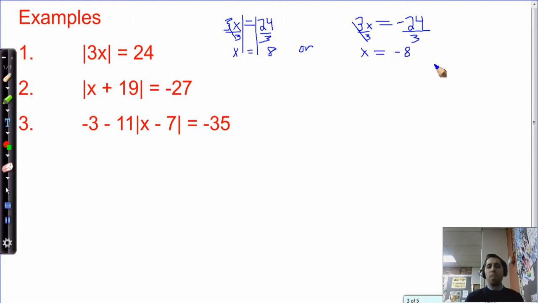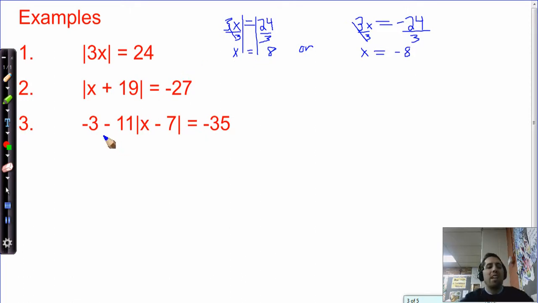Now it's important to point out that it's not always just the positive and negative version of a single whole number, or two integers that are just opposites. Instead, it can sometimes vary. We're going to see that in example 3. But in this case, x could be 8 or negative 8. If you plugged in either one, that would be a true statement. So this is the two solutions to this one.